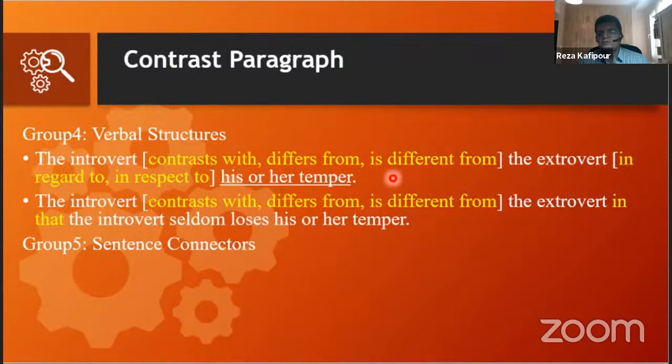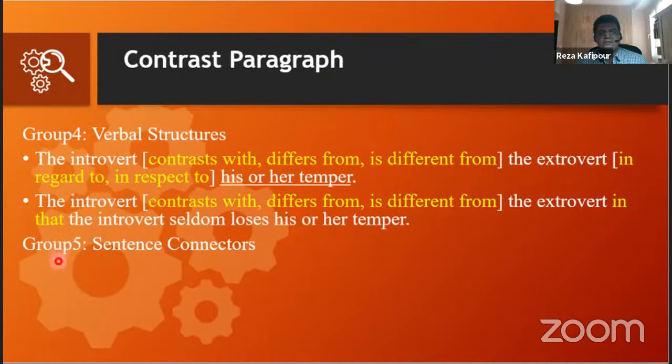So the more information will be provided as a minor supporting sentence. Otherwise, you can provide a full or complete idea based on this structure and say losing the temper in the same sentence, not in an extra or additional sentence as a minor supporting sentence.